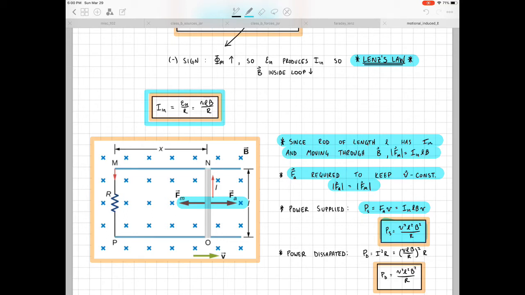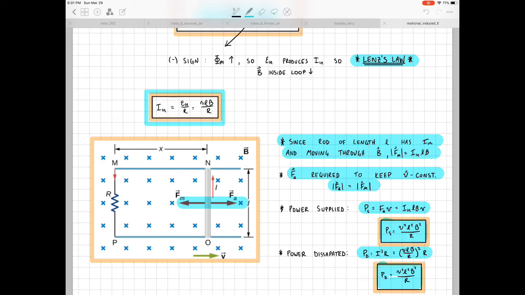If you use the expression for the power dissipated by a resistor in a circuit, then you find that, yes, the power dissipated is in fact the exact same amount of power that was supplied or generated. And so the motional EMF, this battery that's produced because the conductor is moving through a magnetic field, is essentially set up by the applied force that's causing the conductor to move through the field at a constant speed.